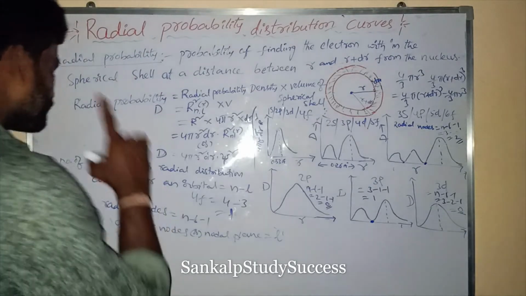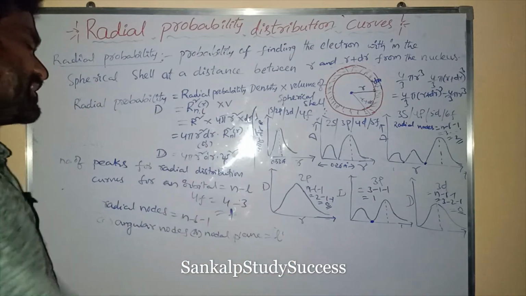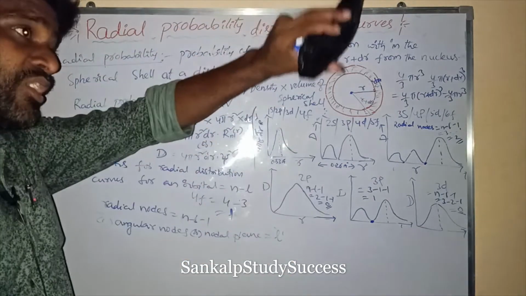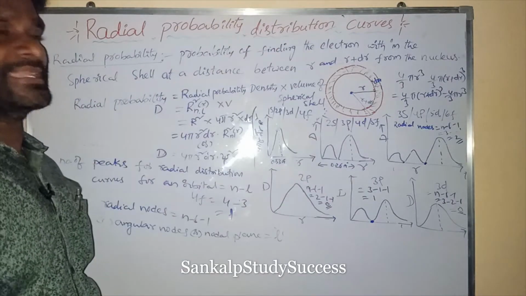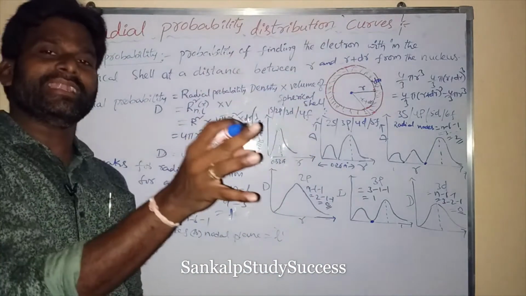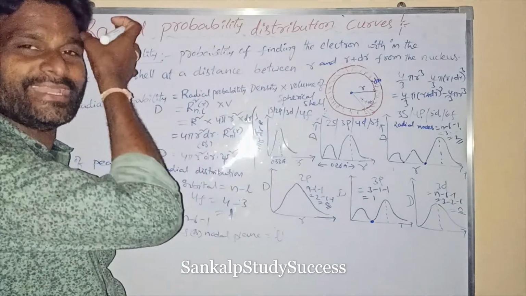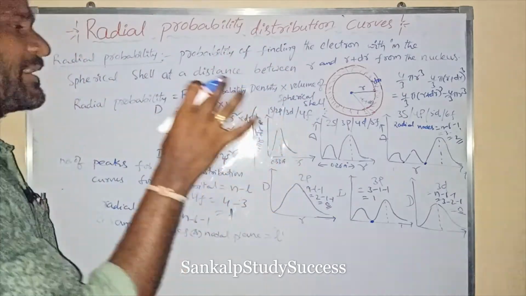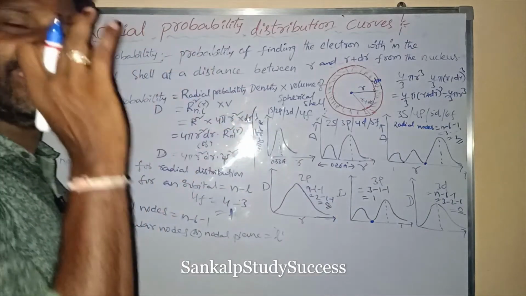As already said, an s orbital does not have angular nodes because an s orbital is non-directional. That means the probability of finding an electron around the nucleus is the same in all directions. So the probability of finding an electron is not dependent upon an axis.